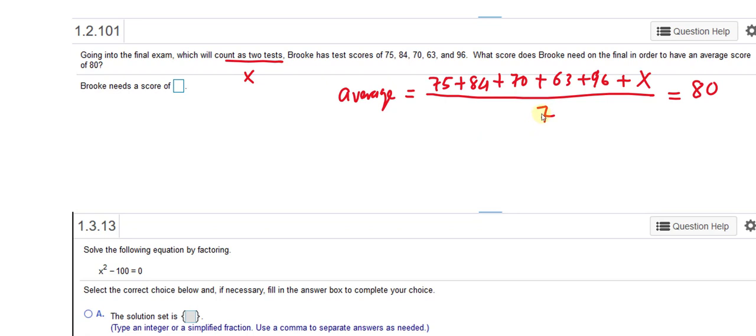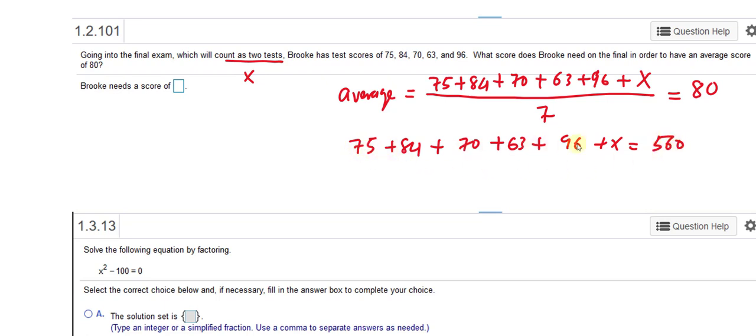So we multiply by 7 on the left and right hand sides. 80 times 7, multiplying by 7 on both sides. So I have 75 plus 84 plus 70 plus 63 plus 96 plus x equals 560.